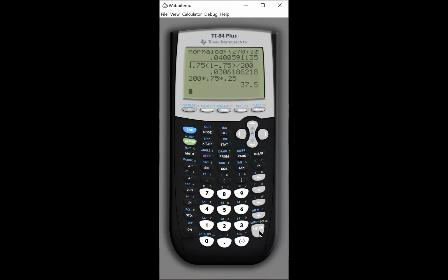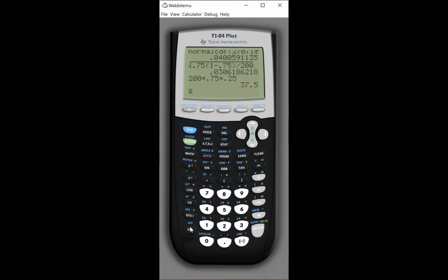And you get 37.5. 37.5 is indeed greater than 10. So since 37.5 is bigger than 10, we're going to say that this is approximately normal. And that's it for that one.